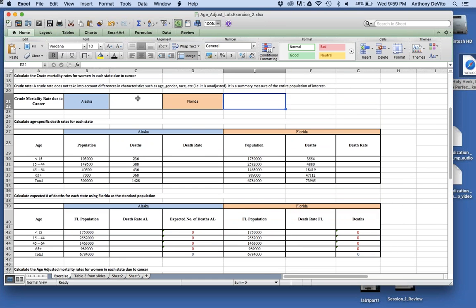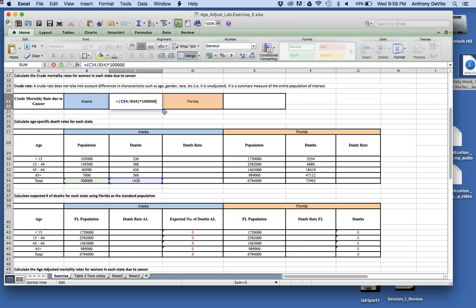Let's just do that one calculation right now. That's going to be equal to the number of deaths in Alaska among women from cancer over the total population of women in Alaska, multiplied by 100,000 as we did before.